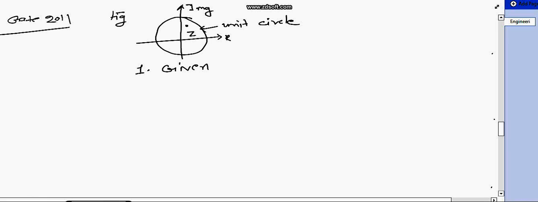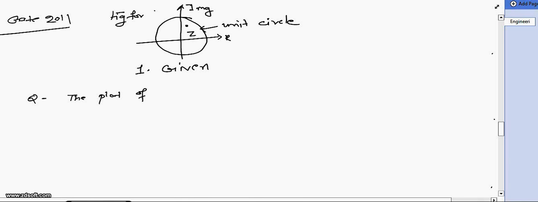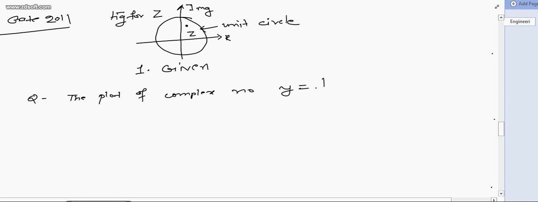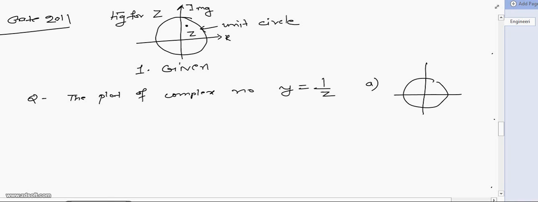Now the question is, the plot is given for Z, then what is the plot of the complex number y is equal to 1 upon Z? The options are A, where this is 1 and your y is here.